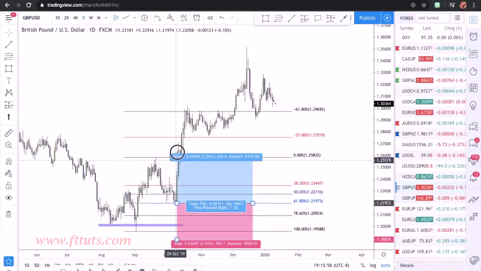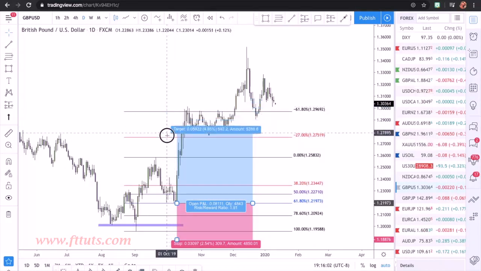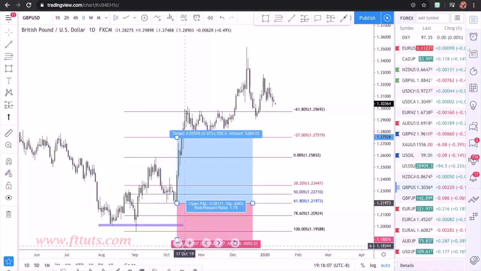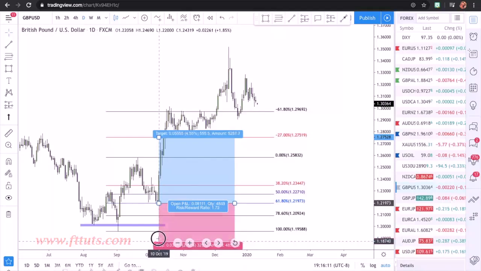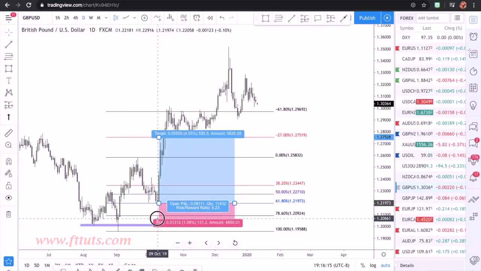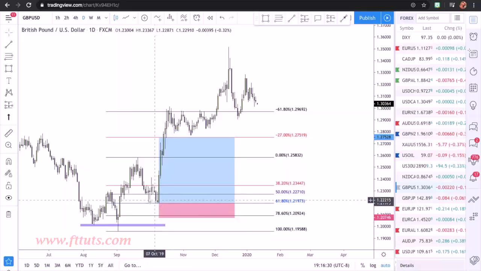And then our target would be negative 27% and negative 61. But again, we have to see how price reacts. So then our stop loss would be just below the 78.6 in this situation. So our entry was 61.8. We put our stop loss below just in case it starts to wick below, and then this is our move.